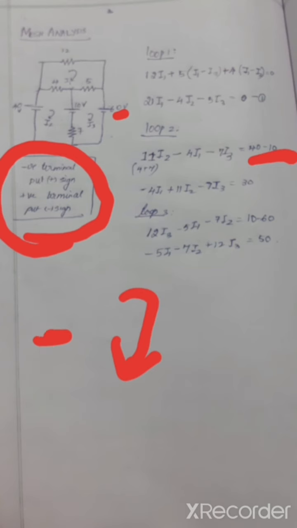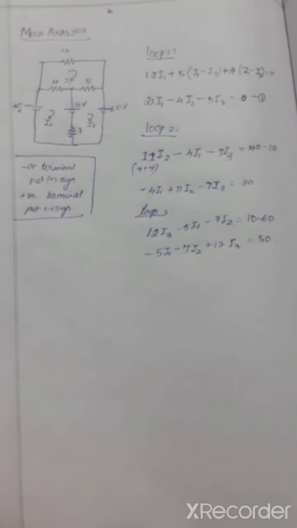Now let us learn how to form the equation super quick. Consider loop 1. Here you just multiply the resistance by the loop current, the current flowing across the loop. So 12 into I1, plus 5 into I1 minus I3.